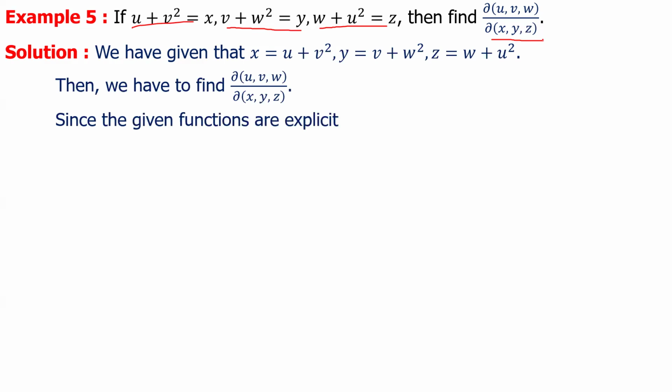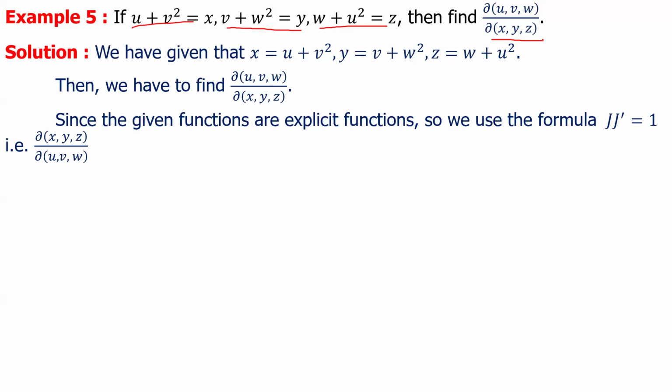Since the given functions are explicit functions, we use the formula JJ' is equal to 1. That is, the Jacobian of x, y, z with respect to u, v, w multiplied by the Jacobian of u, v, w with respect to x, y, z, which is equal to 1.